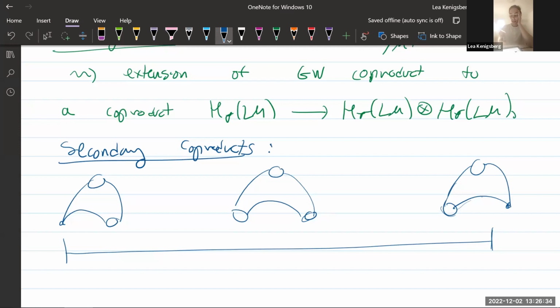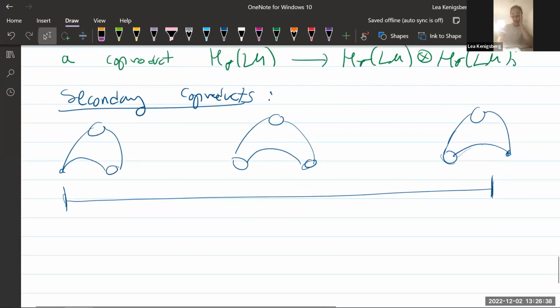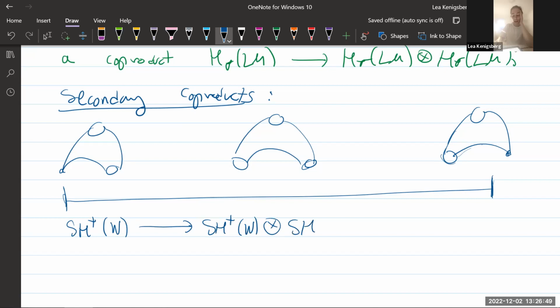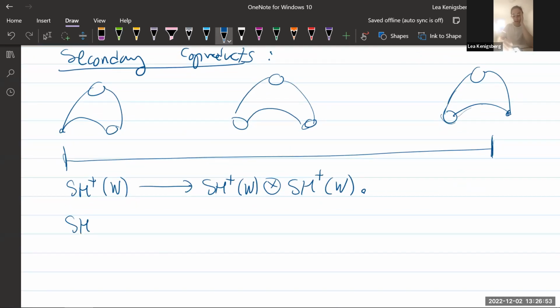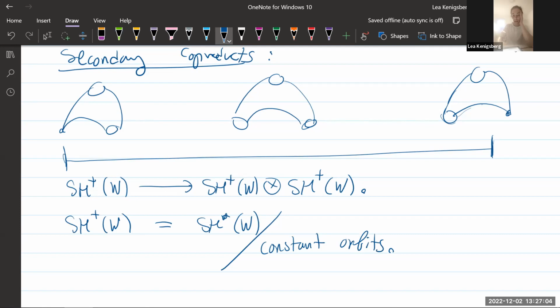And now this operation has boundary, and so this is defined only on SH plus of W. So this is going to be the high energy part, and this gadget is where you just mod out by constant orbits.